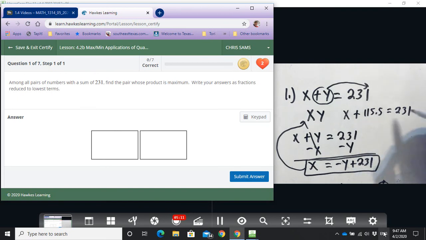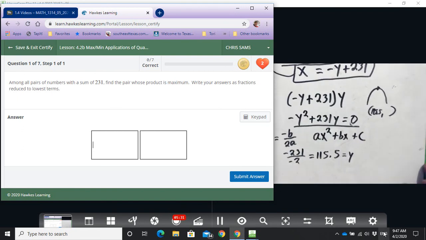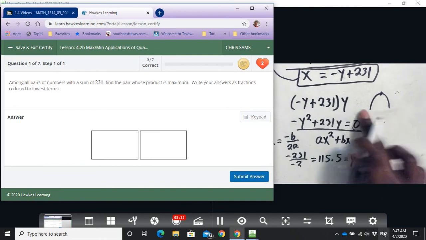We subtract this. We get x equals the same thing, 115.5. So both your x and y values are 115.5. Hard to read that.